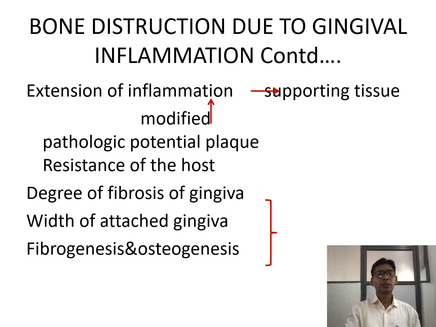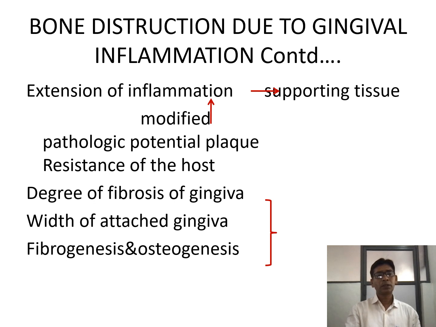Bone destruction due to gingival inflammation can extend to the supporting tissues, increasing the potential of plaque microorganisms to cause destruction of the host, leading to a small amount of gingival fibrosis and also changes in the width of attached gingiva, and fibrogenesis and osteogenesis will get affected.